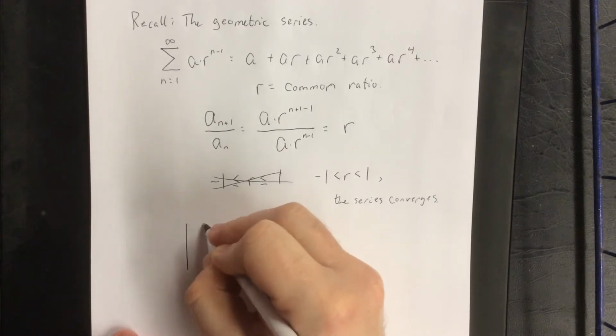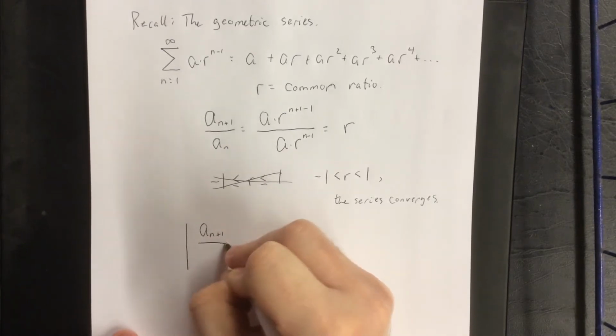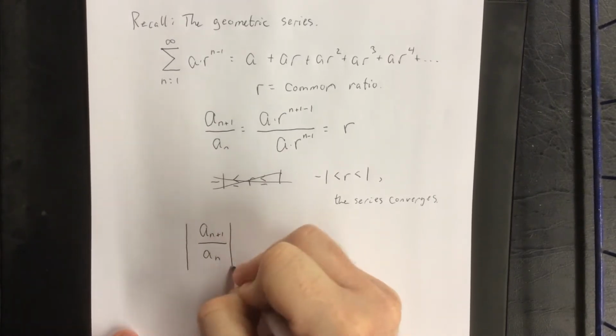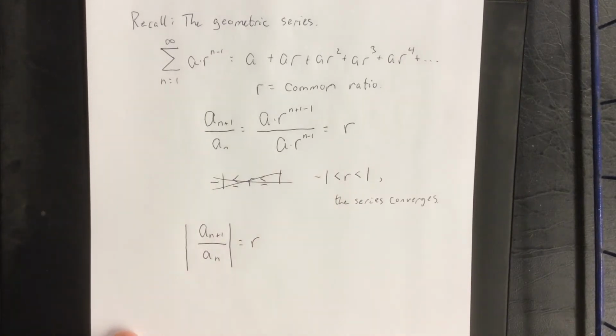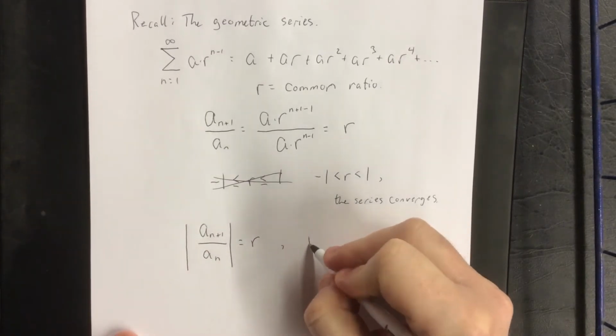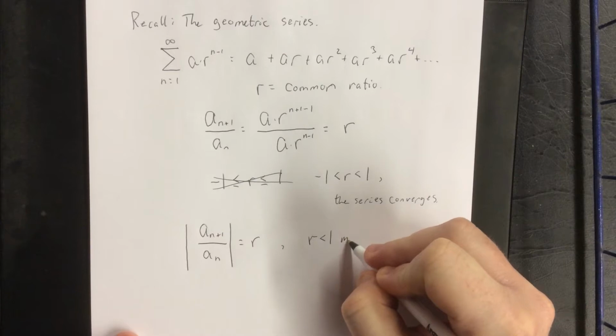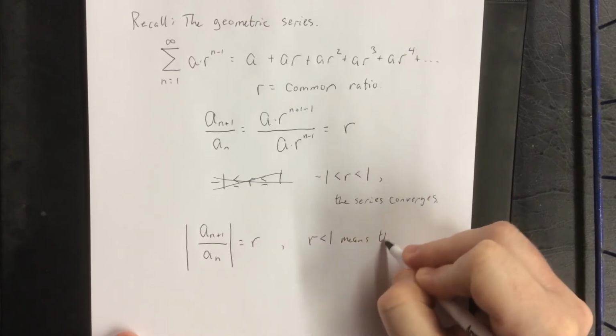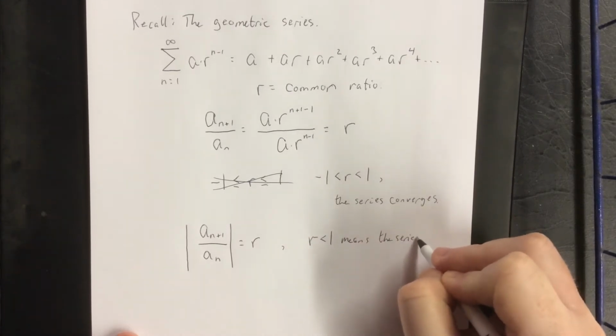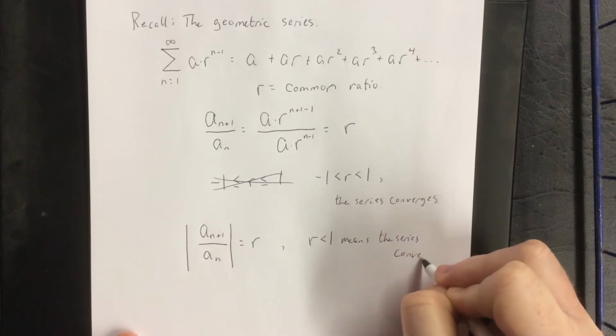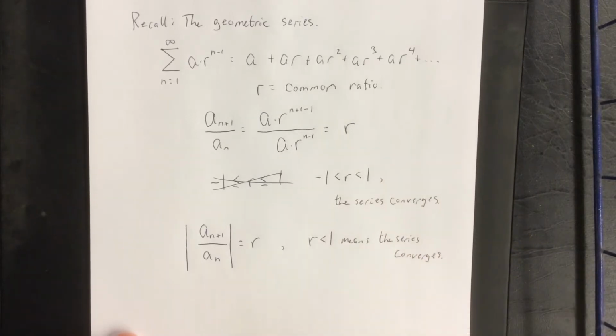If I were to take the absolute value of this ratio and wind up getting r, the only thing that we would need is that r is less than 1. The reason that I bring this up is because of the definition that we gave for absolute convergence.